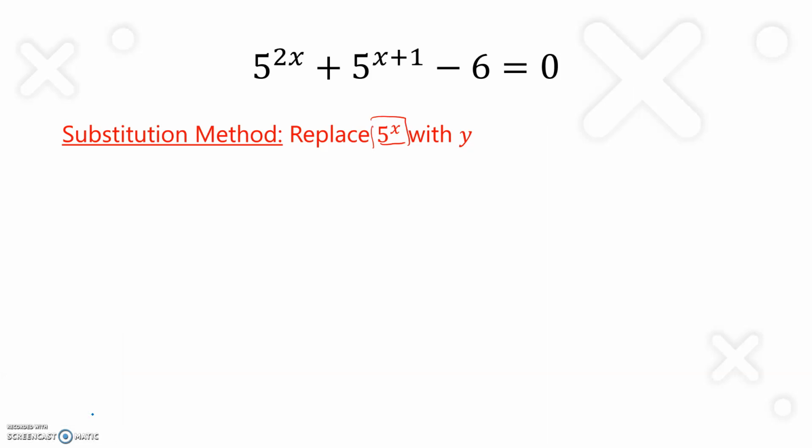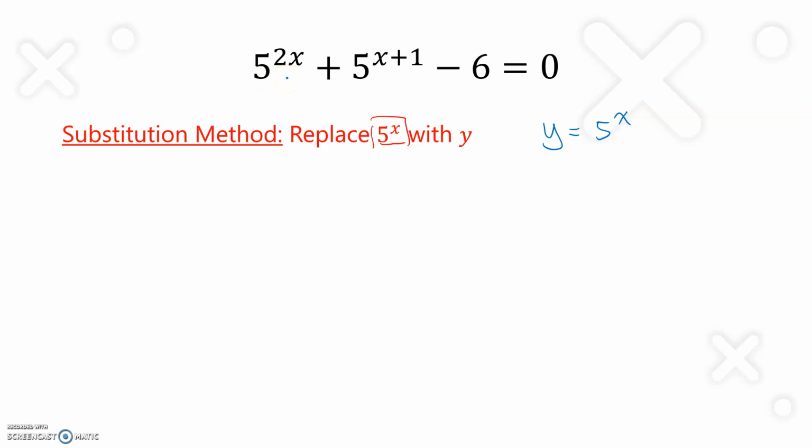If we write that as an equation, we can say y is the same as 5 to the power of x. Y can be replaced by 5 to the power of x, and 5 to the power of x can replace y.